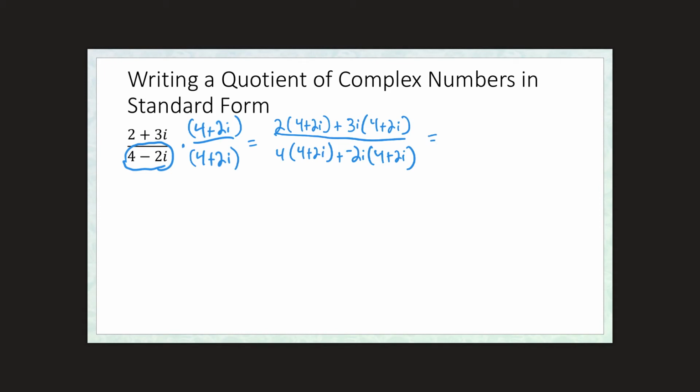Okay, multiplying everything out. 2 times 4, 2 times 2i, that equals 8 plus 4i, and then 3i times 4 is 12i, and 3i times 2i is 6i squared. And beneath that, we will have 4 times 4, which is 16, 4 times 2i, which is plus 8i, and negative 2i times 4, which is minus 8i, and negative 2i times 2i, which is minus 4i squared.